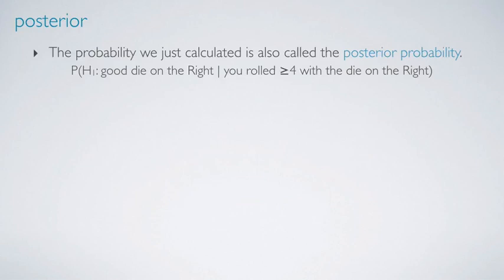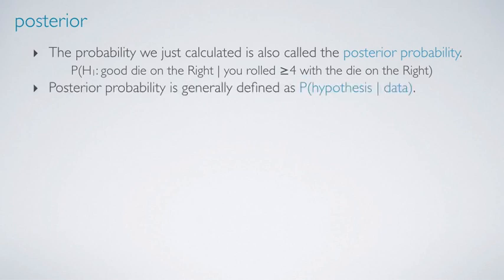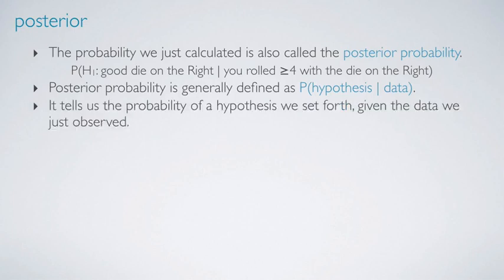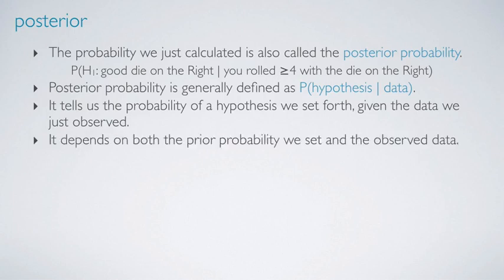It's the probability that the good die is on the right, given that you rolled a number greater than or equal to 4 with the die on the right. Posterior probability is generally defined as the probability of the hypothesis given the data, or in other words, it's the probability of a hypothesis we set forth given the data we just observed. It depends on both the prior probability we set and the observed data.